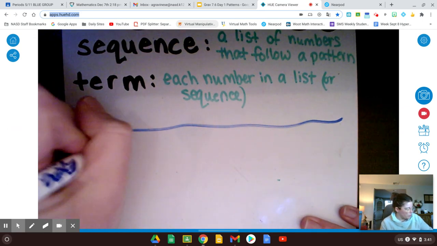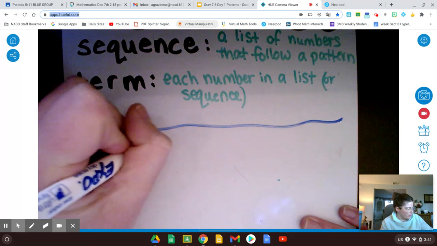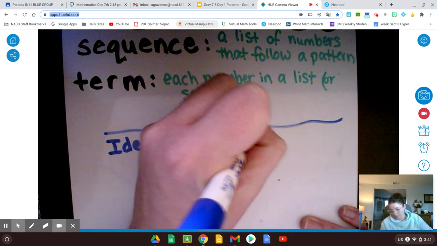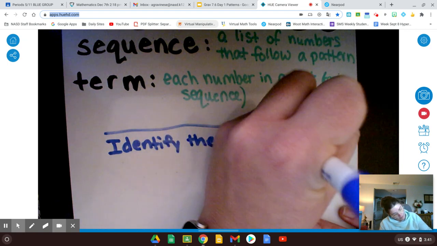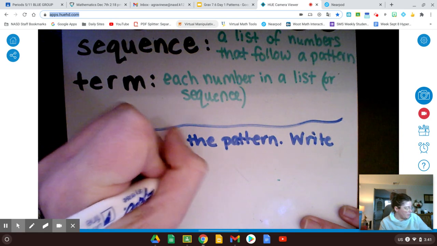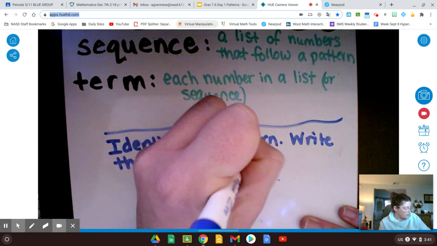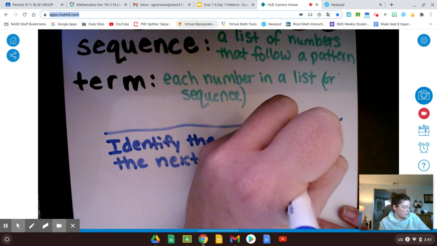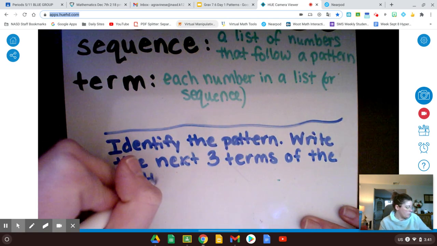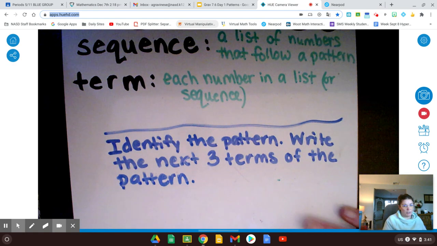We are going to identify the pattern, and we are going to write the next three terms of the pattern. So those are the directions for our work today.